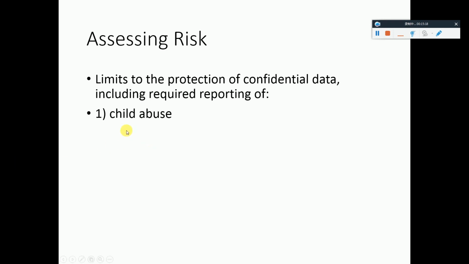Such information includes child abuse. So if in the process of data collection, you learn that a particular participant has been the subject of child abuse, or that person is the perpetrator, then the researcher is required to report this instance to the appropriate authority.